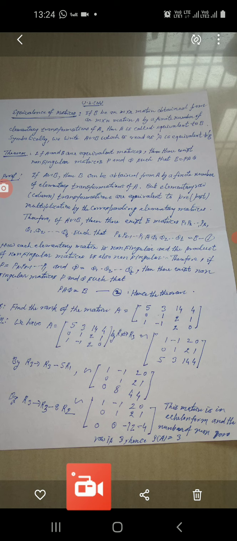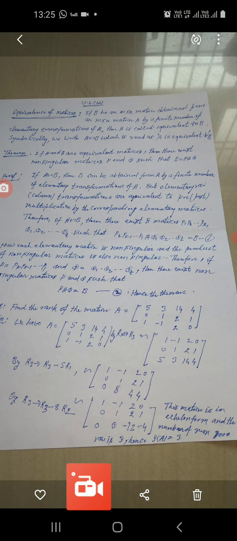Now we use the elementary transformation R1 interchange to R3. We get in the first row 1 minus 1 2 0, in the second row as it is 0 1 2 1, and in the third row it is 5 3 14 4.